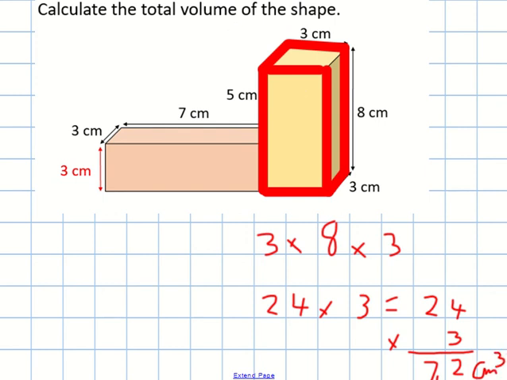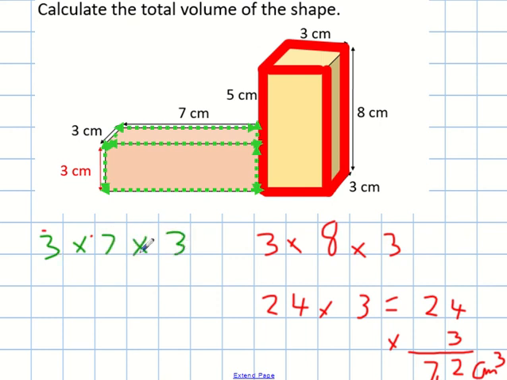And then I'm going to need to work out the volume of my other shape, and I'll do that one in green. If I draw this one, I'm going to have to work out the volume of this cuboid now, aren't I? So if we're looking at that, well, we know that my width is 3, my length is 7, and my height is 3.